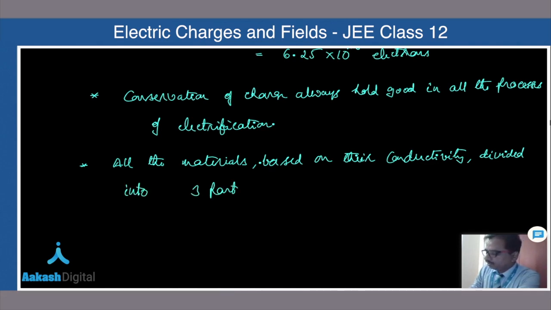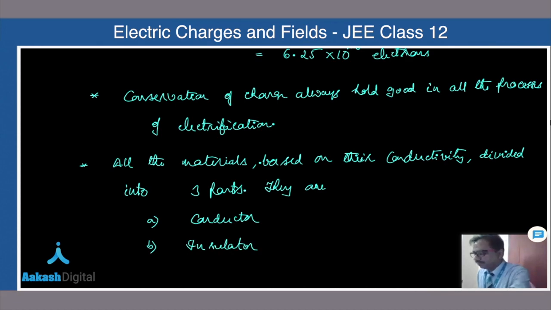What are those? Come on, tell me. The first one is conductor. Okay, the second one is insulator. Yes, very good, Adinanda. The third one is semiconductor.